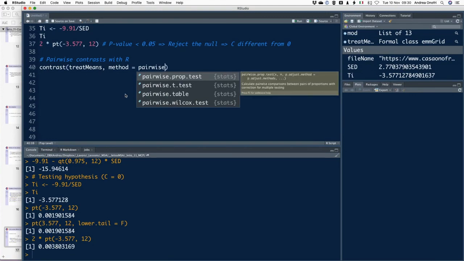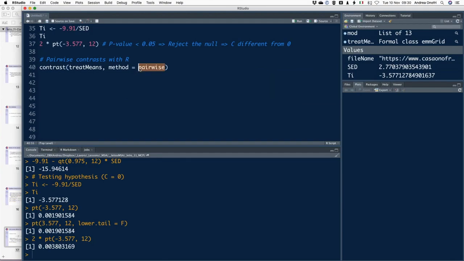Now, we've spoken yesterday about the multiplicity adjustment, but so far we do not adjust. So we consider the 6 contrasts without thinking about any adjustment.